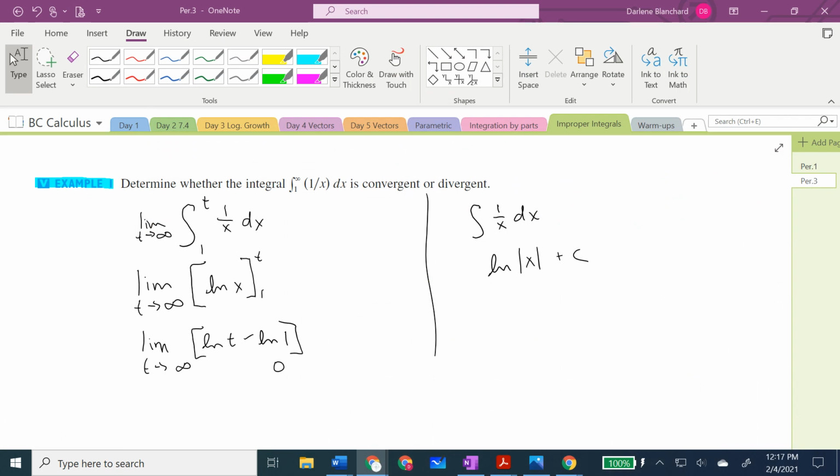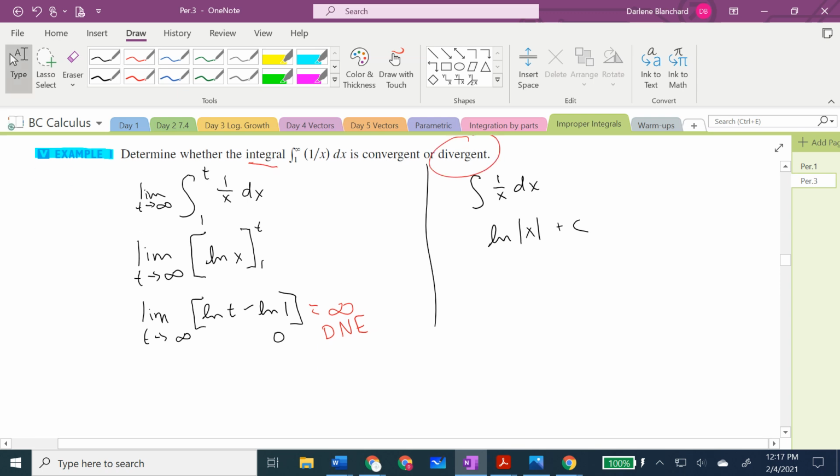Are you going to make it? So that means that that area was not bounded. The answer to this limit is infinity, which means that the limit does not exist. And now that further means that the improper integral is divergent. So the official answer is divergent.